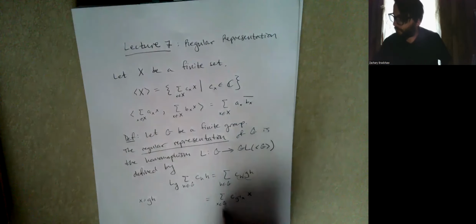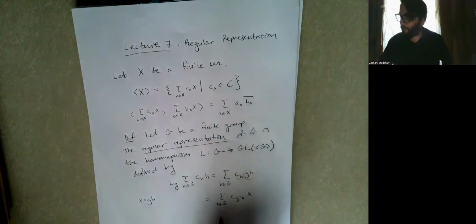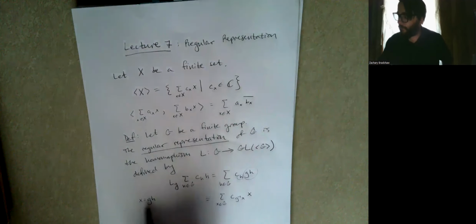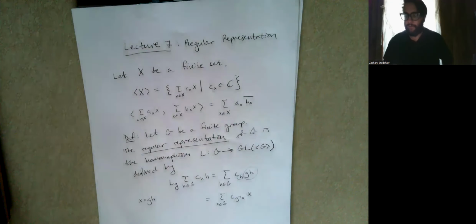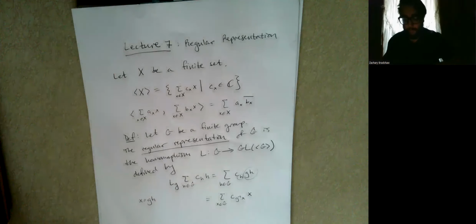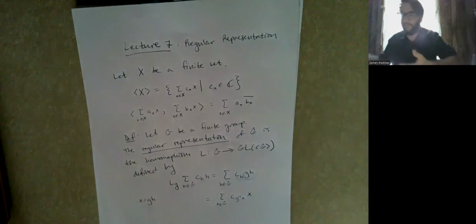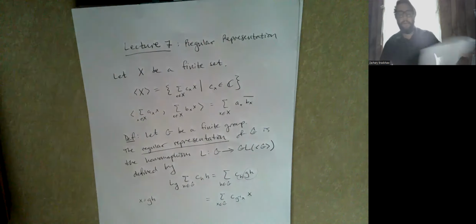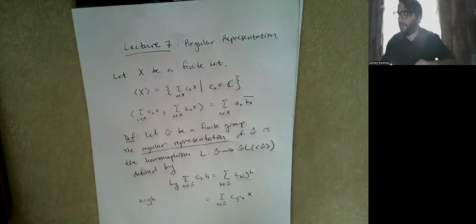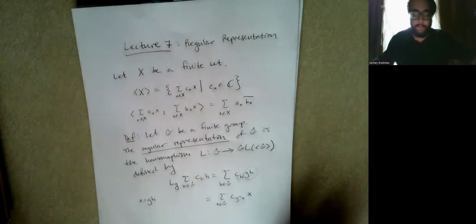And the reason that this summation we can now write as being over x is because, well, as h ranges over G, so does g times h. So you're still summing over the entire group regardless. Okay, so L_g is just left multiplication essentially, with the caveat that we ignore the constants in our formal sums.